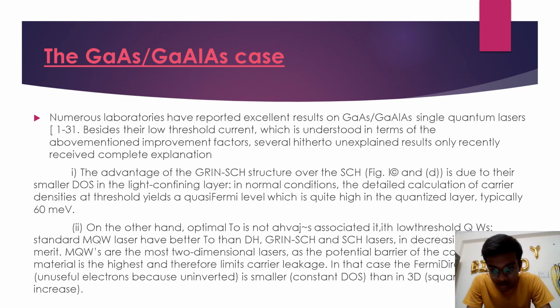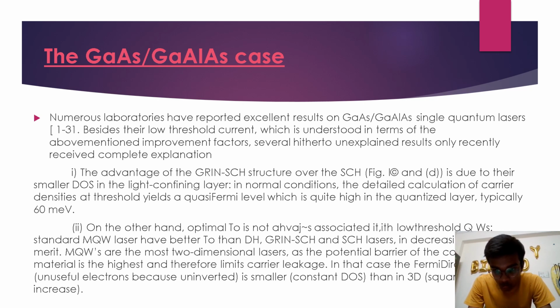The advantage of the graded SCH structure over the SCH is due to their smaller DOS in the light confining layer. In normal conditions, the detailed calculation of carrier densities at threshold yields a quasi-Fermi level which is quite high in the quantized layer, higher than the typical 60 milli electron volts.